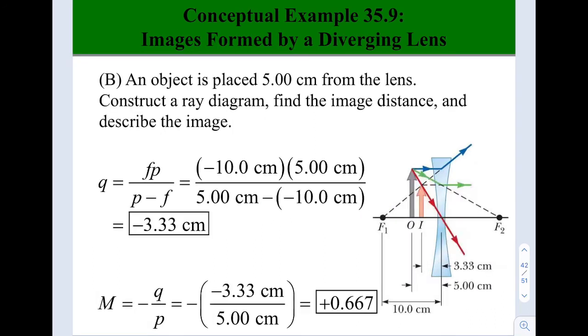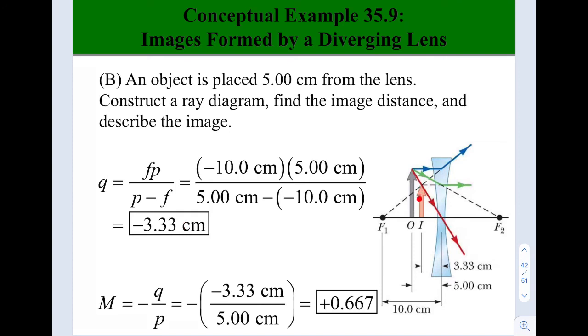Part B. An object is placed 5 cm from the lens. Construct a ray diagram, no need for you. Find the image distance and describe the image again. Substituting the information into this formula, you will get negative 3.33 cm. What does negative mean?